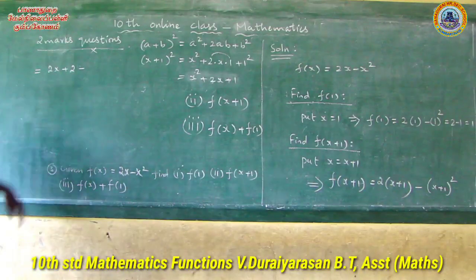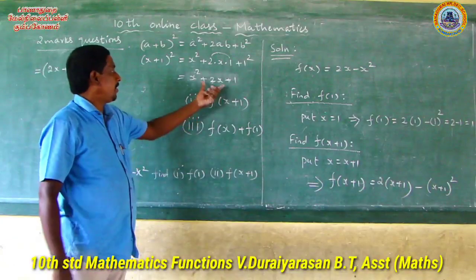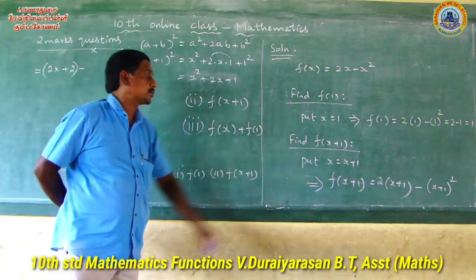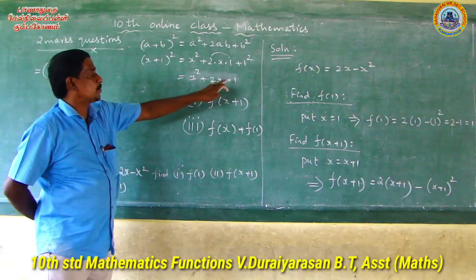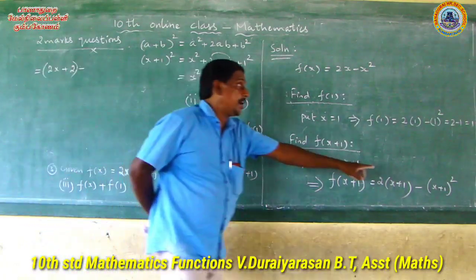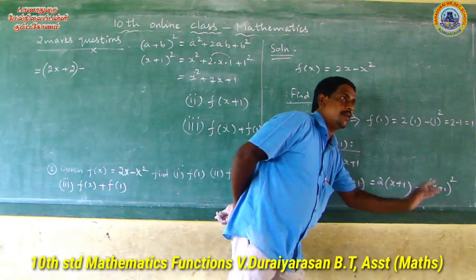So 2x plus 2 minus, the expansion of x plus 1 whole square is x square plus 2x plus 1. In front of minus there is only 1 term, no problem.